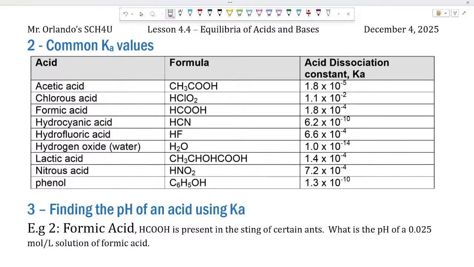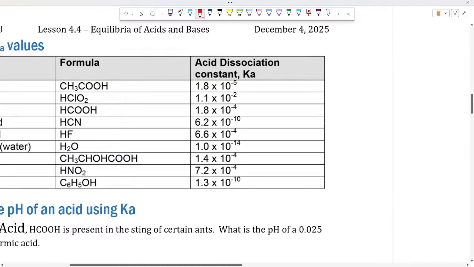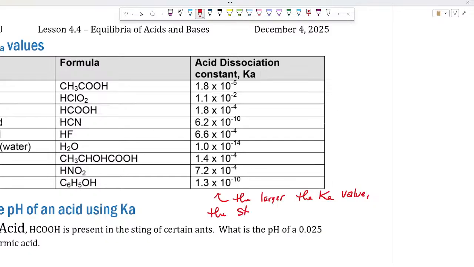Now note, there is a note, the larger the Ka value, the stronger the acid. The lower its pH will tend to be.